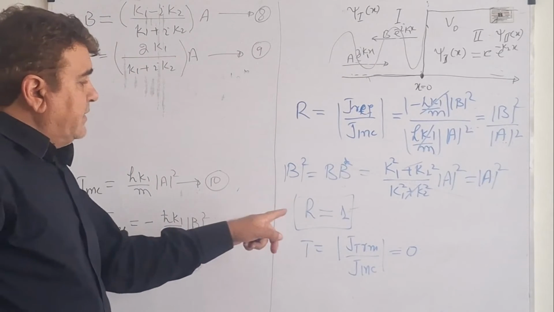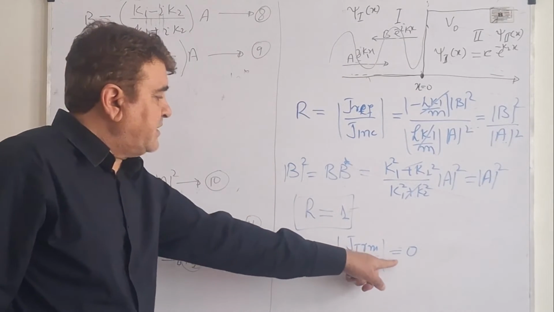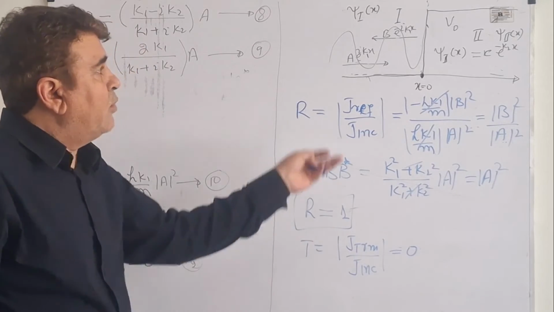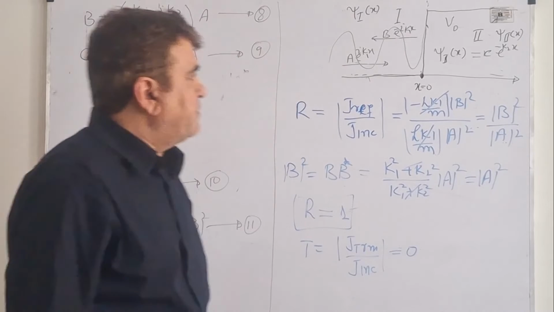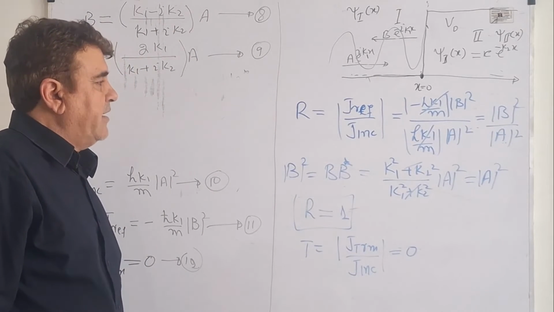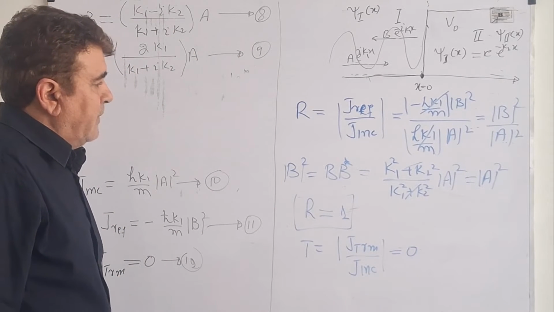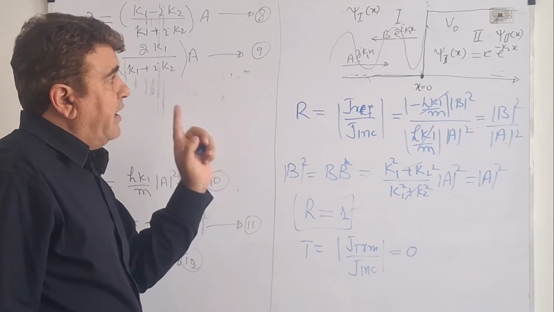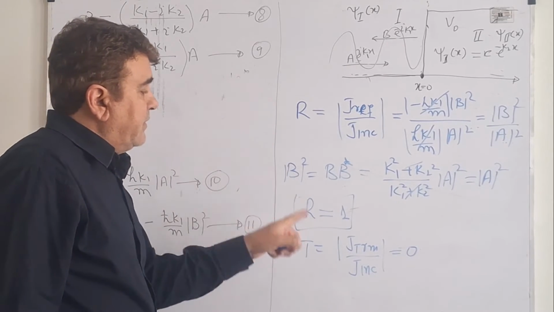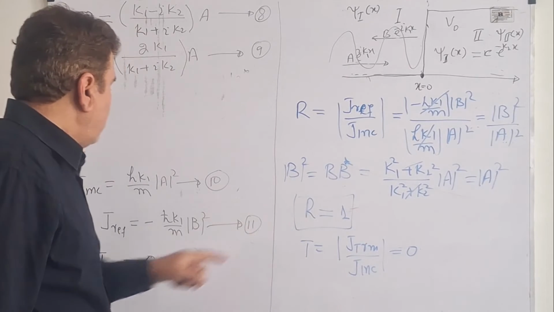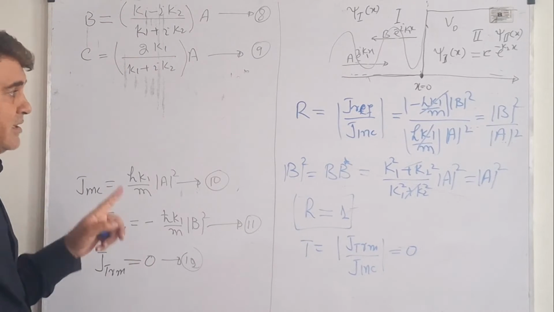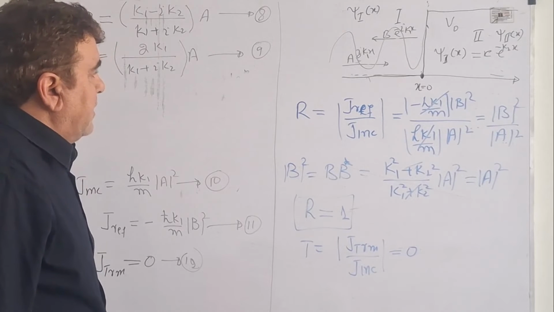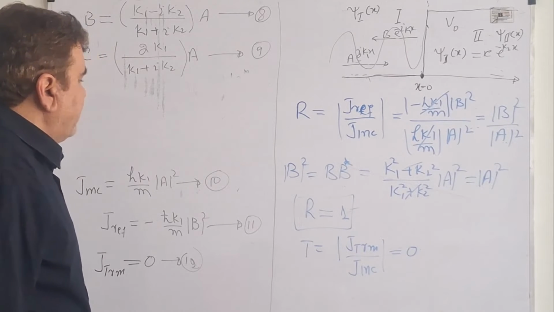Again, the transmission coefficient being 0 and the reflection coefficient being 1 tells us that no particle has been transmitted into the second area, into region 2. But again, we cannot conclude the result from either of these values, because there is another quantifier, the probability density of the wave function.